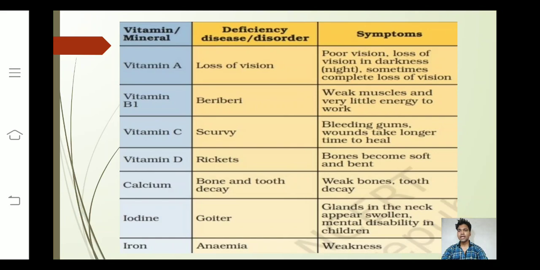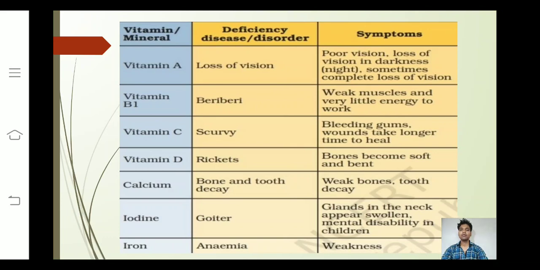The next is calcium. Calcium is responsible for bone and tooth decay. The symptoms are weak bones and tooth decay. Iodine. For iodine, the disease is goiter. The symptom is that the gland in the neck appears swollen.